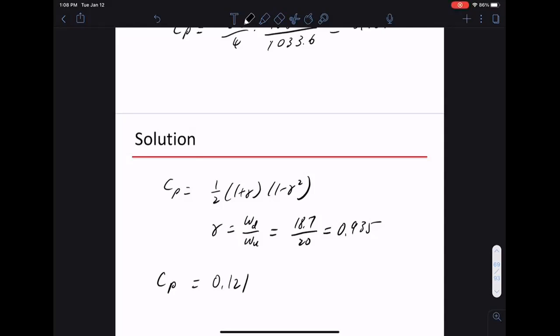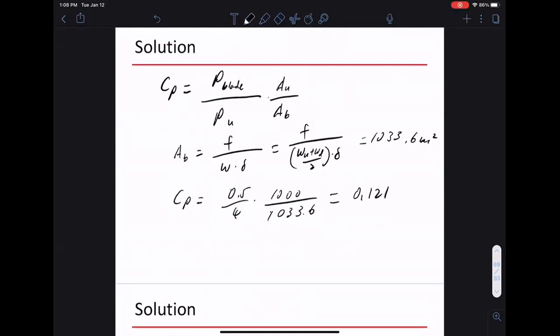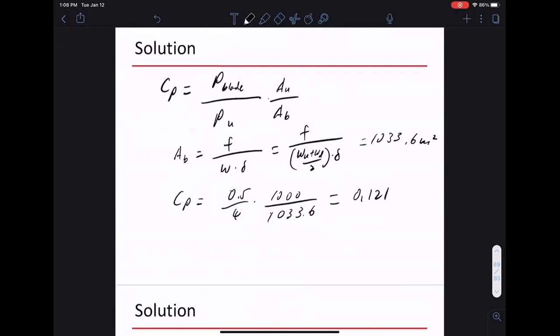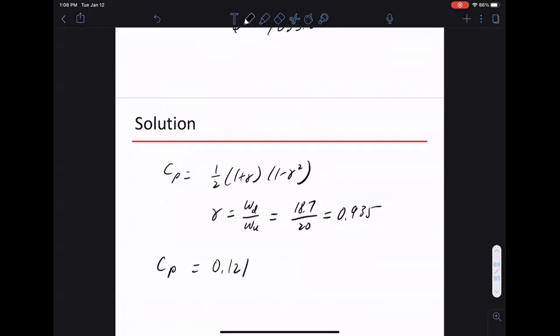In this equation, since you can explicitly figure out the area, you can use the definition of coefficient of performance, just the ratio in power corrected by the difference in area, or you can plug in this gamma equation. Any questions with this example?